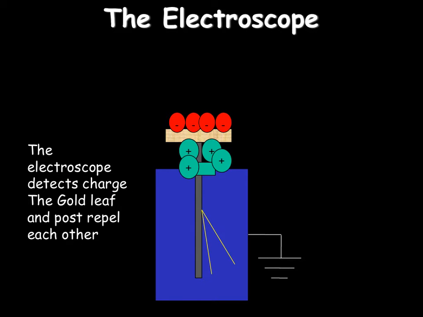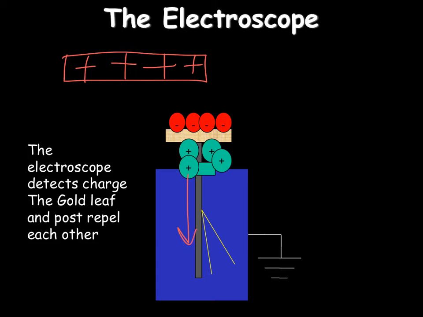Now, the electroscope. When an electroscope is neutral, all the charges, as you can see them here, are arranged randomly or paired. As soon as you bring in a charged object, what happens is all of these positives are pushed away, they are repelled.